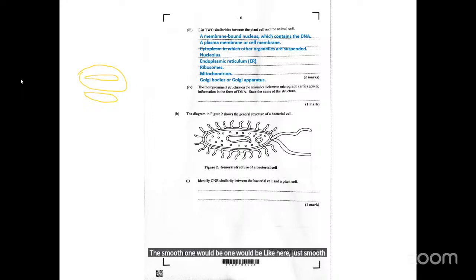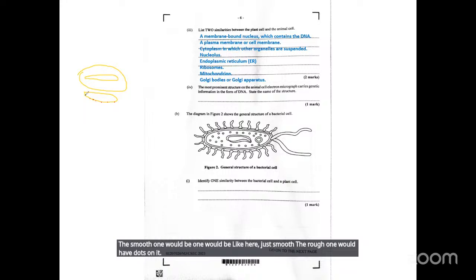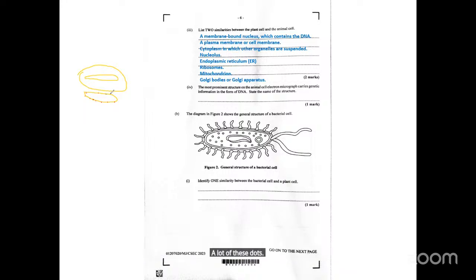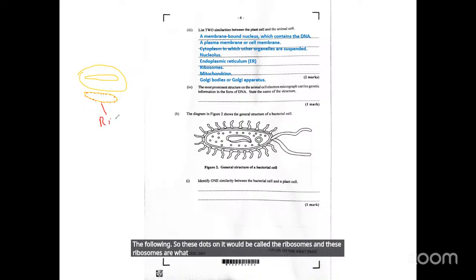The rough one would have a lot of dots on it. These dots on it are called the ribosomes, and these ribosomes are what make protein.